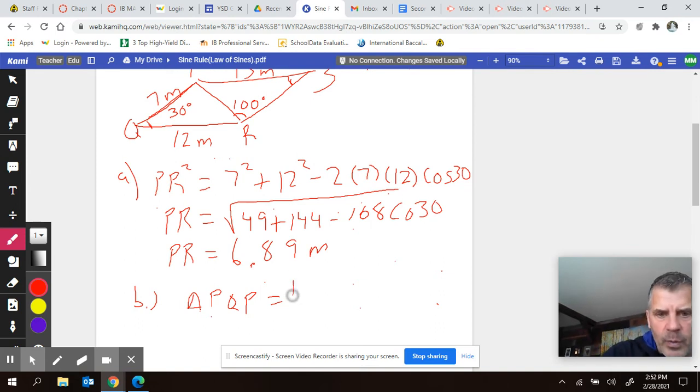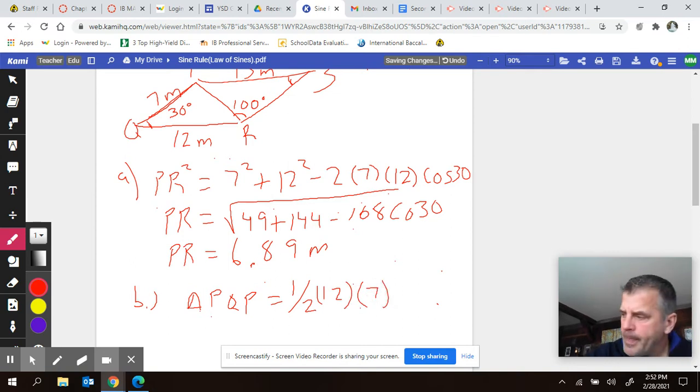It's going to end up being 1/2 of 12 times 7, and then we're going to take the sine of 30, the angle that's in there.